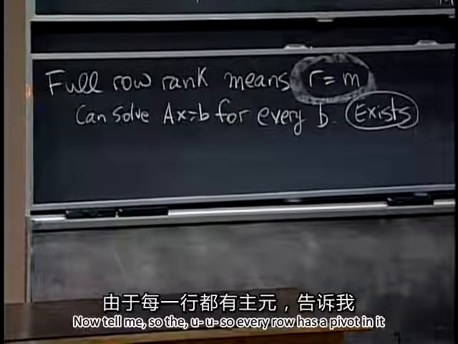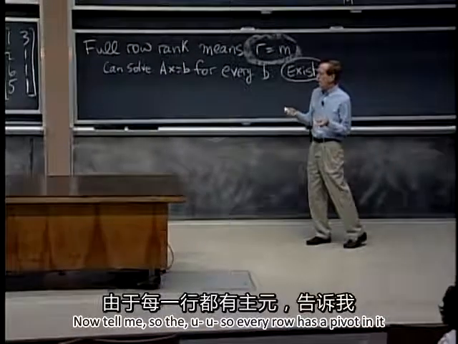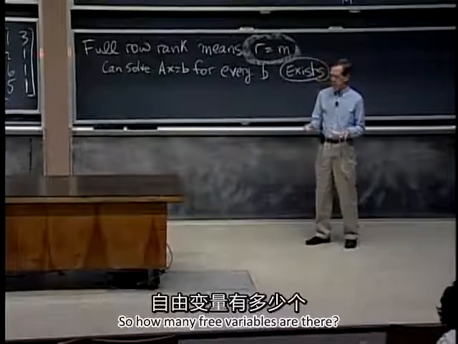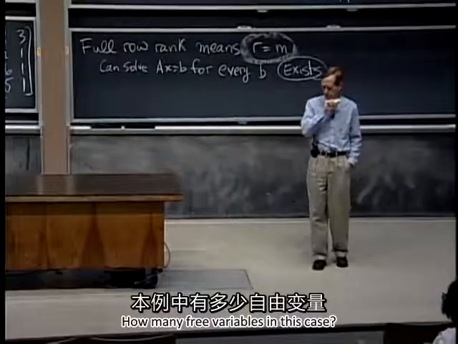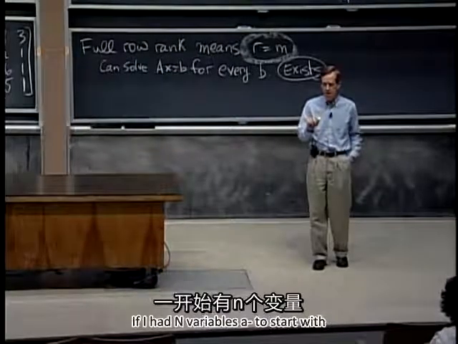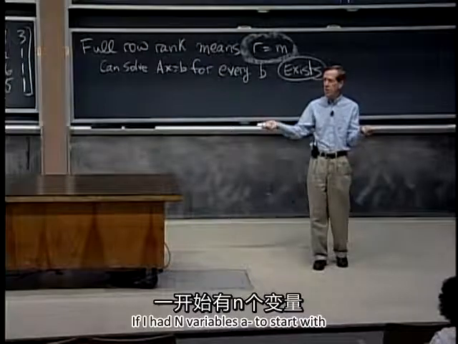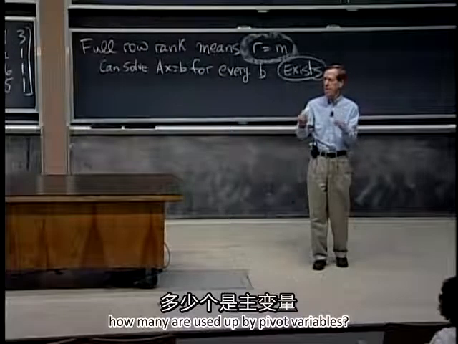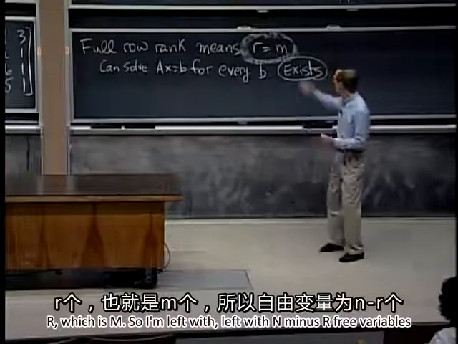Now tell me, so every row has a pivot in it. So how many free variables are there? How many free variables in this case? If I had n variables to start with, how many are used up by pivot variables? r, which is m.